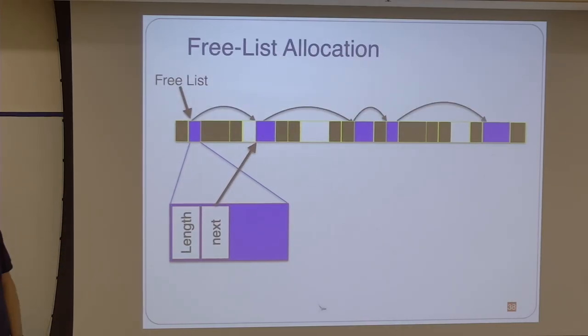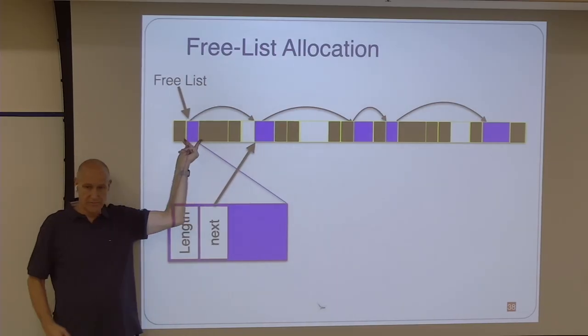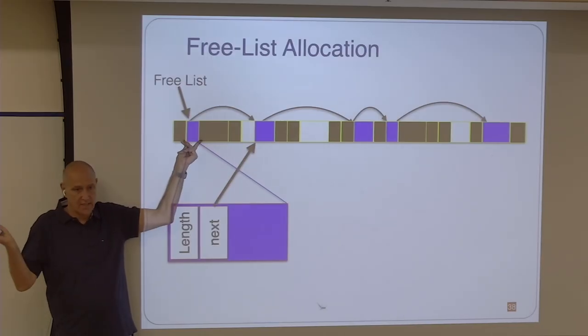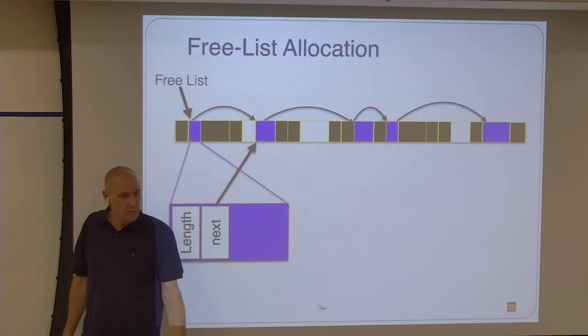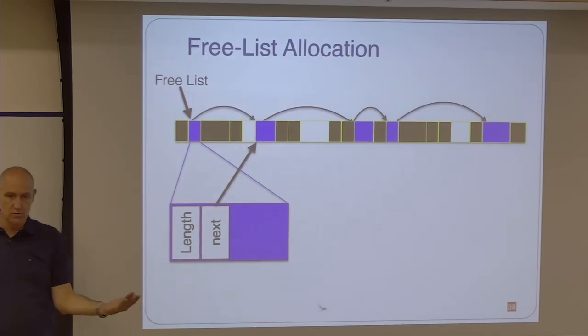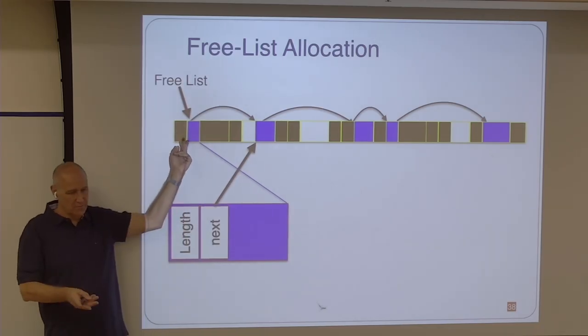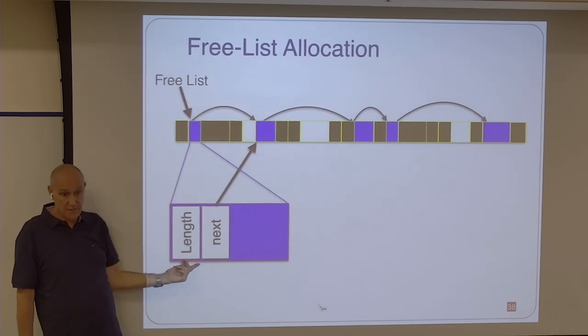They will be together in a linked list. And remember that this is not used by the program. This is space that I, as the memory manager, can use as I like. So I just put in here what I need, and I will have the ability to allocate just by maybe going to the first one. We'll talk a lot about how we really allocate, but I could go to the first one, and then I could check if I have enough space.